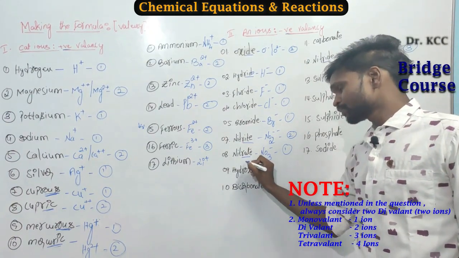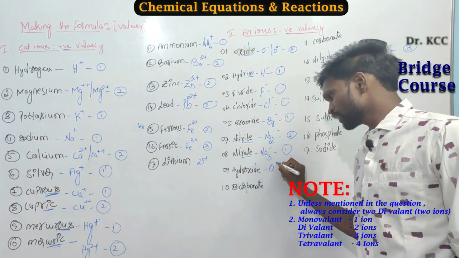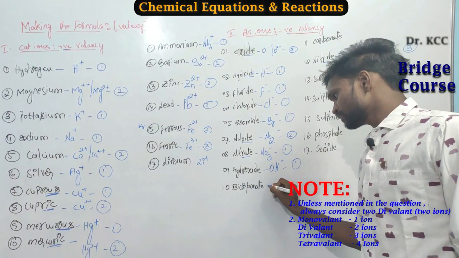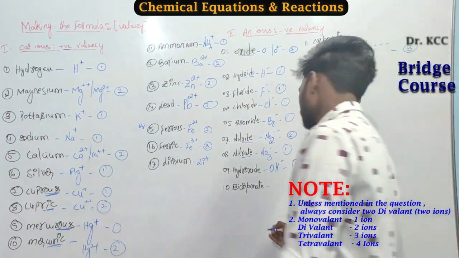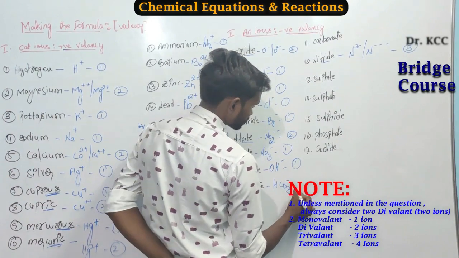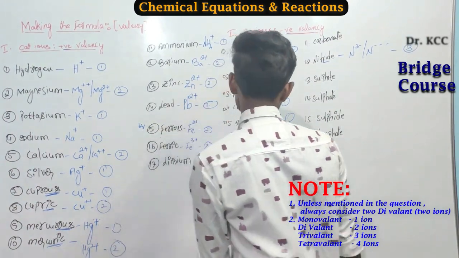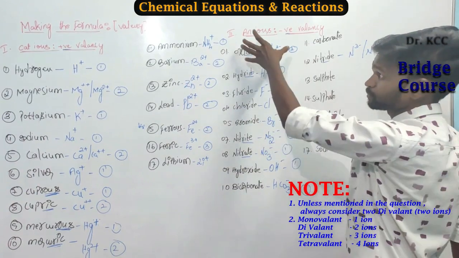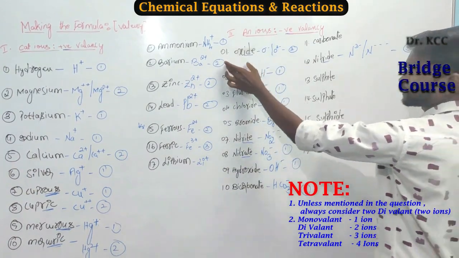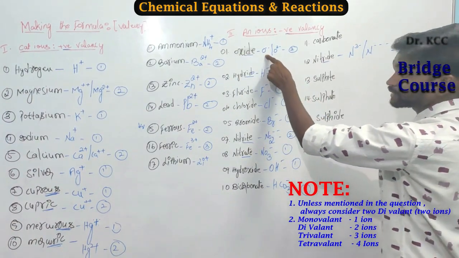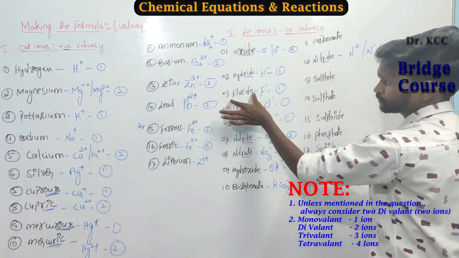So now hydroxide. Hydroxide is OH-, so the valency is 1. Then bicarbonate. Remember, bicarbonate is HCO3-, which means its valency is 1. Clear? You have to be very careful whenever you are remembering anions. Oxide, I told you -ide indicates its respective element, that is O2-, hydride H-, fluoride F-.